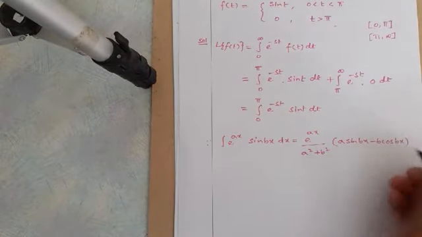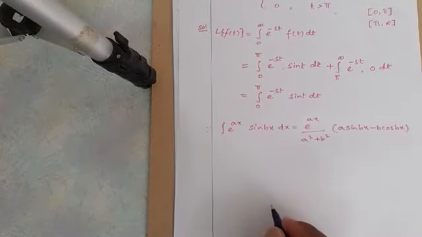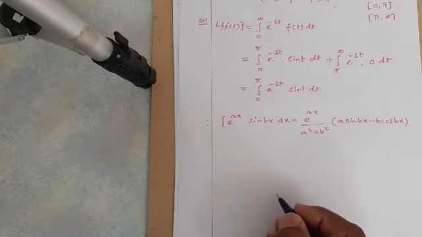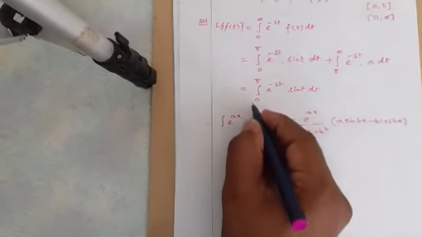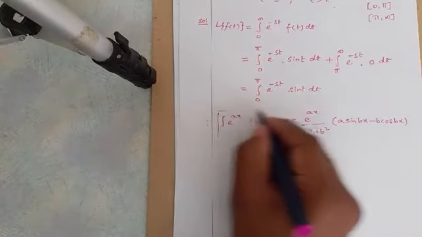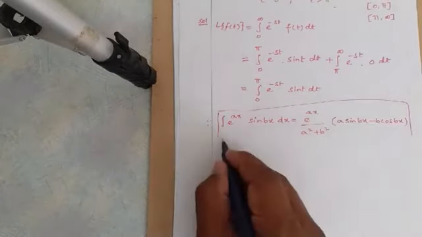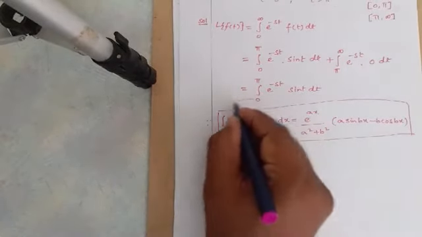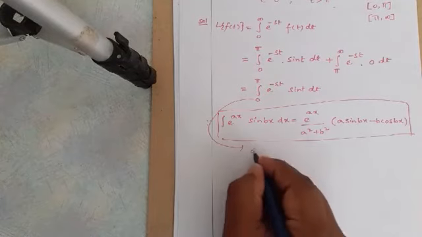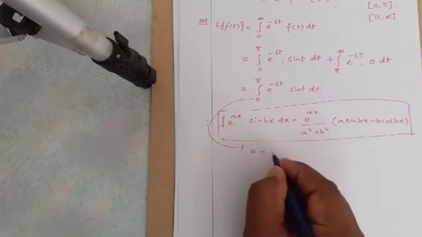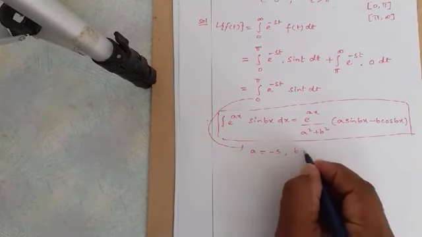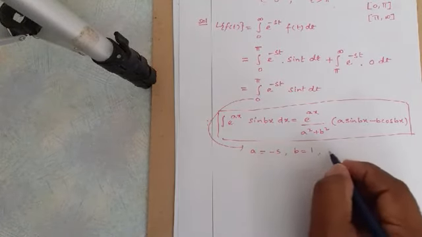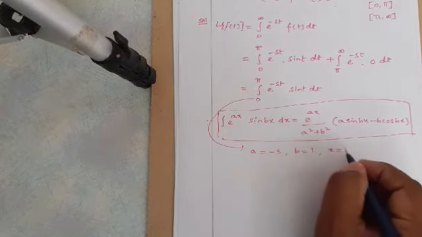This is the formula we used previously for finding the elementary functions. Now in this problem, a is equal to what? Minus s. Then b is equal to 1. Then what is x here? x is nothing but t.